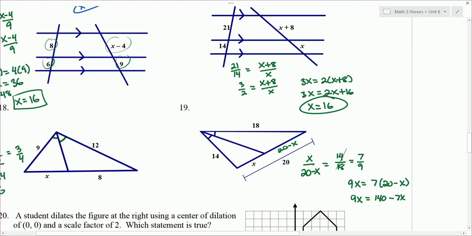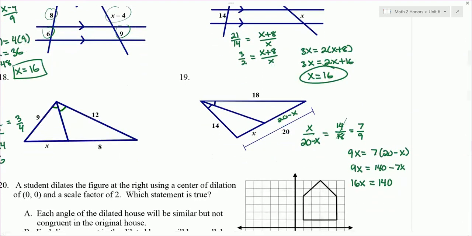Add 7x to both sides, and we get 16x is 140. And then divide by 16. We can at least cut everything in half. We get 70 over 8. Cut it in half again. We get 35 over 4. And that's about all we can do. So x is 35 over 4.